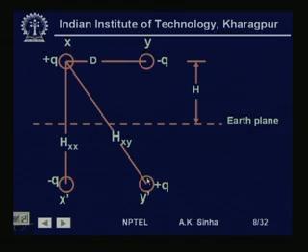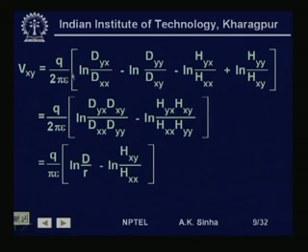For the charge on the conductor y dash, we will have the term q by twice pi epsilon log n h y y divided by h x y.